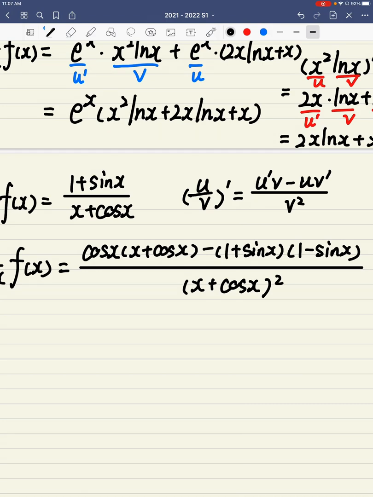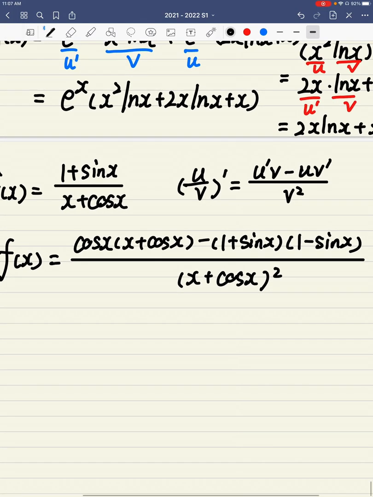Then all you need to do is just simplify it. So here on the top we have x cosine x plus cosine x squared, minus (1 plus sine x)(1 minus sine x).